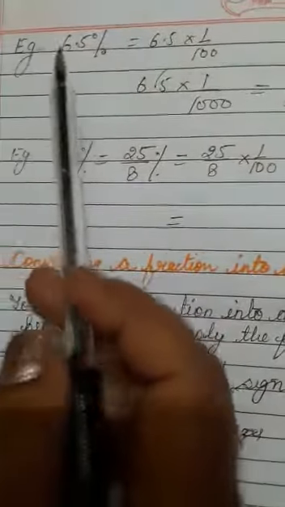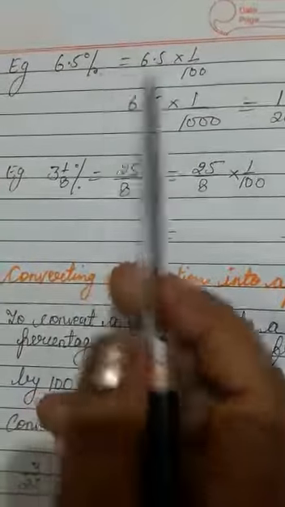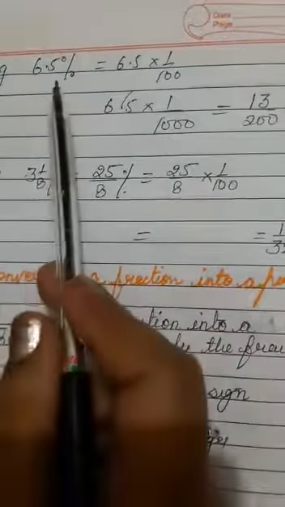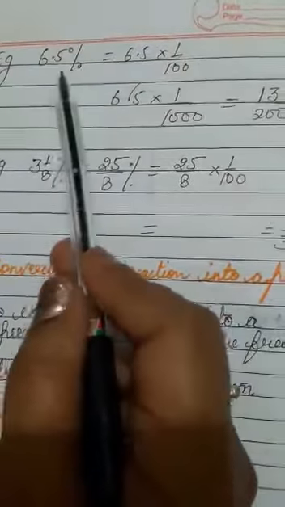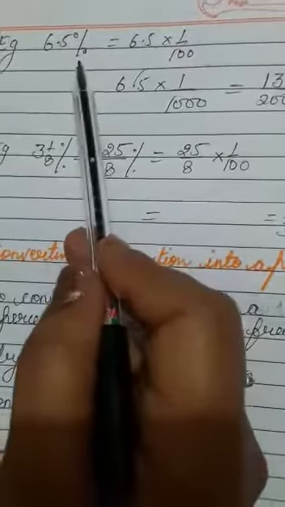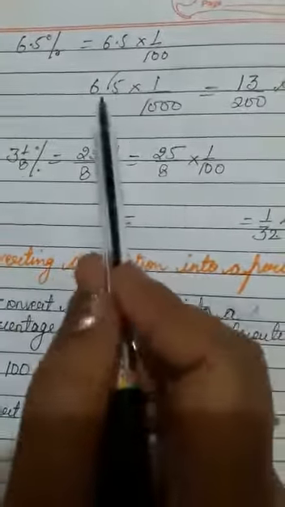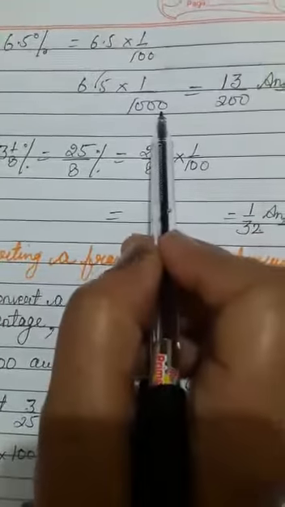Now children, suppose you have 6.5% and you have to convert 6.5% into fractional form. So what will you do again? You will multiply 6.5 by 1 upon 100, because percentage means 1 upon 100. Then you will remove the point and you will put one more 0 here.